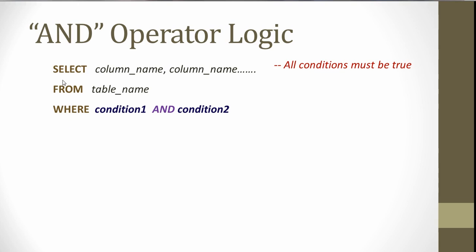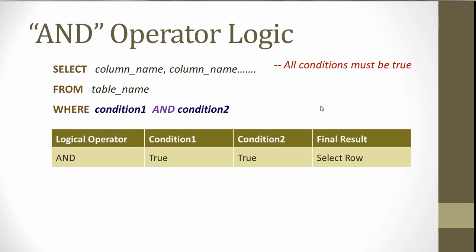Basically the SQL has select, from and where, and to use the AND you need at least more than one condition. So it must have at least 2 conditions minimum for the AND to be utilized, and all the conditions must hold true for a particular row from the table to be selected.